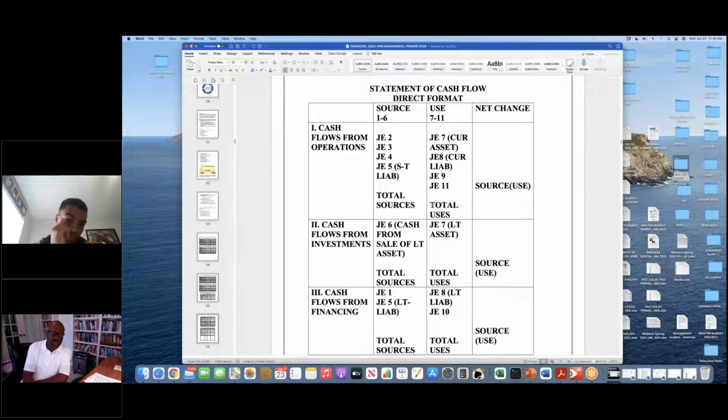Remember, we buy long-term assets to help us run our company. A company getting cash from the sale of long-term assets is like you selling your car and going to Las Vegas. So if you were to sell your car and go to Las Vegas and blow all your money, when you came back, what's going to be your situation?